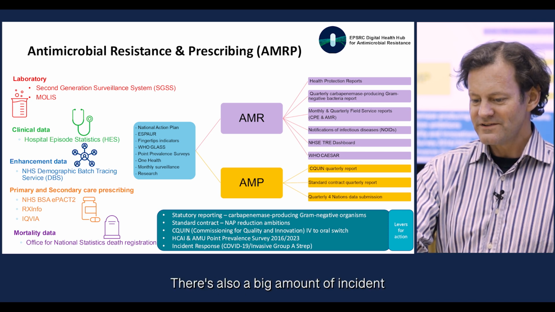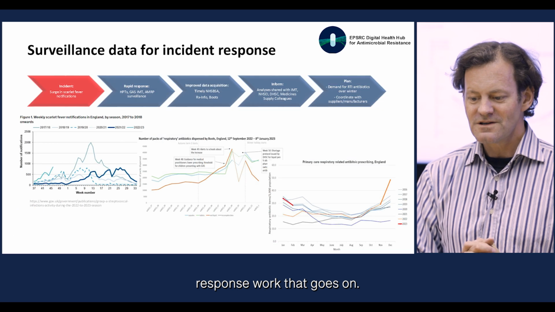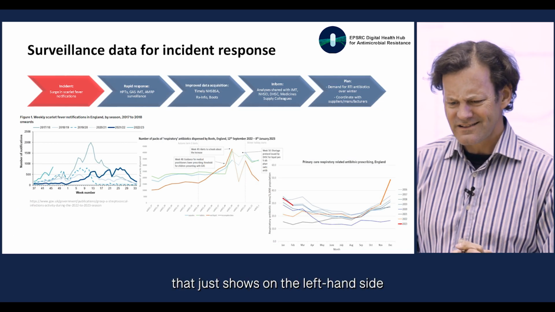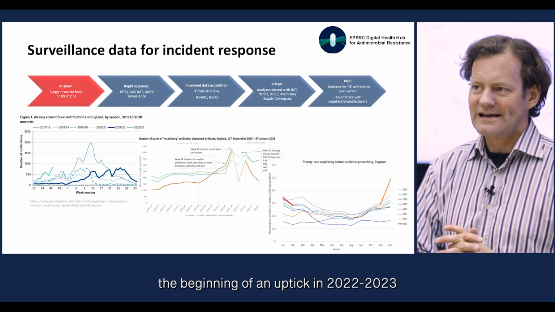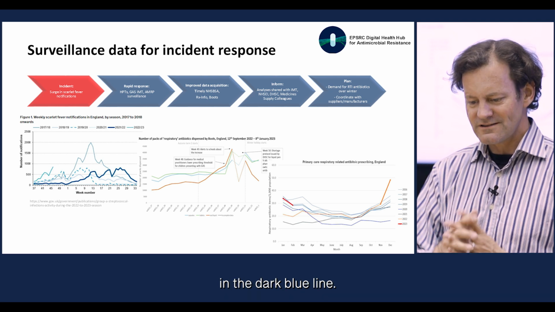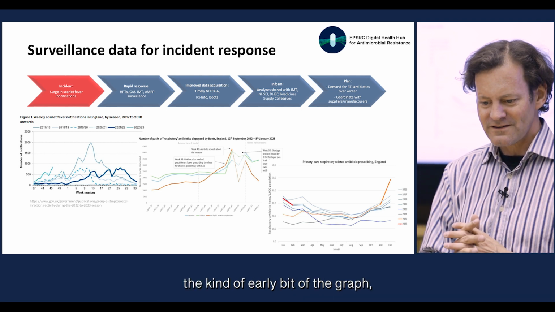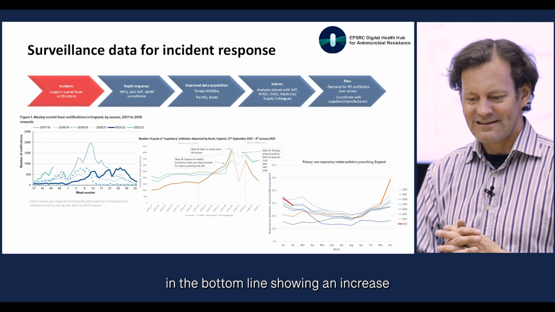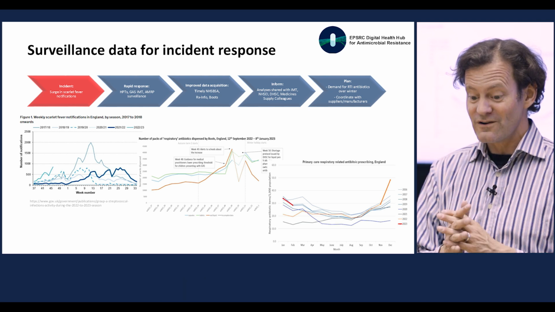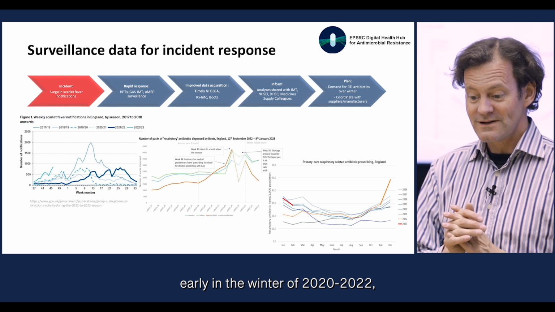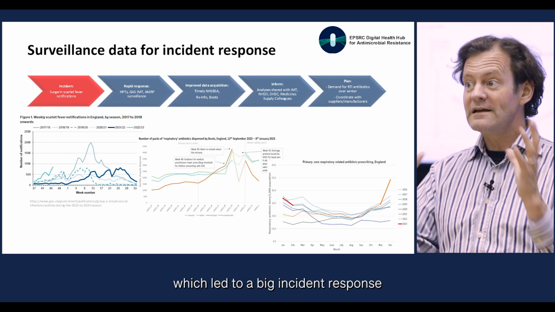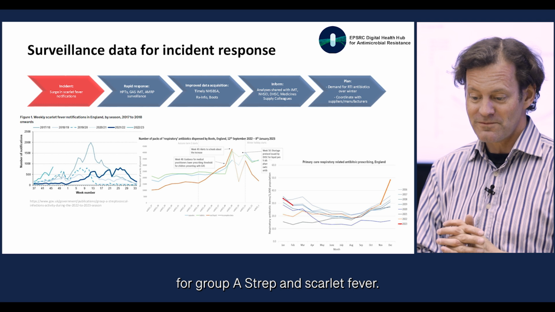There's also a big amount of incident response work that goes on. This slide shows, on the left-hand side, the beginning of an uptick in 2022-2023 in the dark blue line, and then the early bit of the graph in the dotted line showing an increase early in the winter of 2022, which led to a big incident response for Group A strep and scarlet fever.